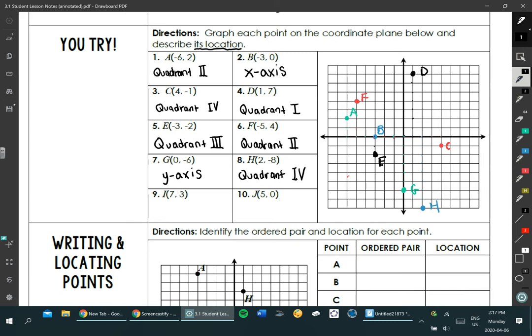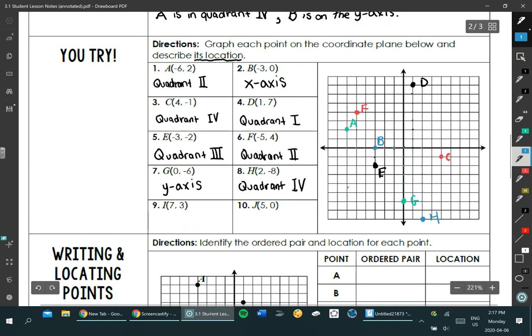Okay. What else do we have? We have to do I. So I is at 7, 3. So start at the origin. Count 7 to the right. 1, 2, 3, 4, 5, 6, 7. Count 3 up. 1, 2, 3. And that's where I'm going to put my point right there.